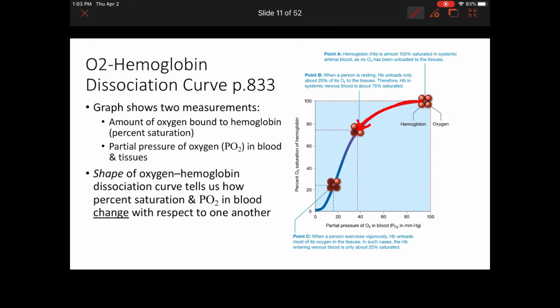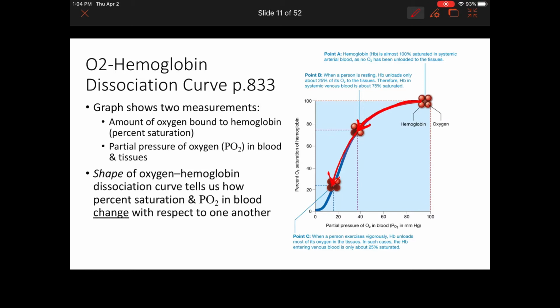However, if we look at the offloading of oxygen under stressful conditions, what we find is that there is a dramatic decline in the percent saturation of hemoglobin under stressful metabolic demands.